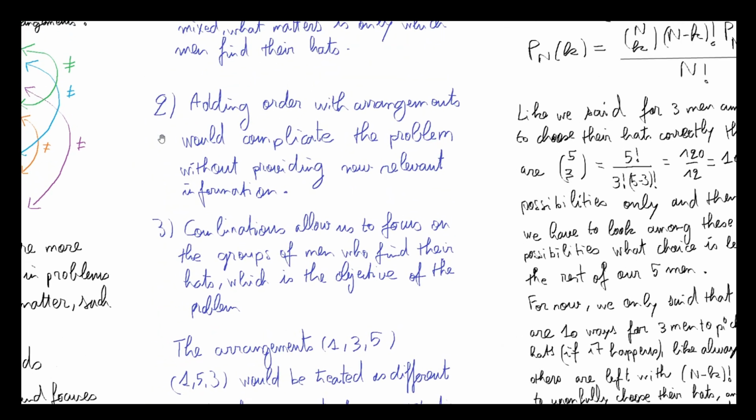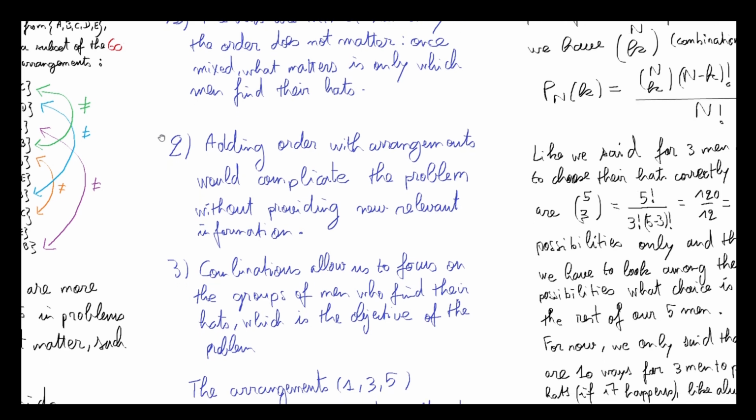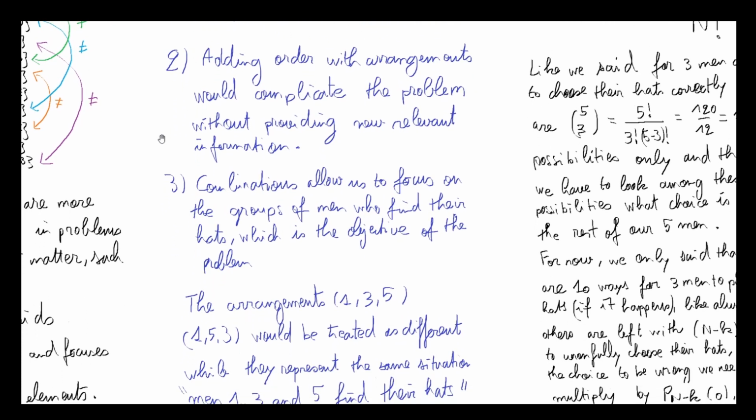In our problem, the hats are mixed randomly, and the order does not matter. Once mixed, what matters is only which men find their hats. Adding order with arrangements will complicate the problem without providing new relevant information. Combinations allow us to focus on the groups of men who find their hats, which is the objective of the problem.